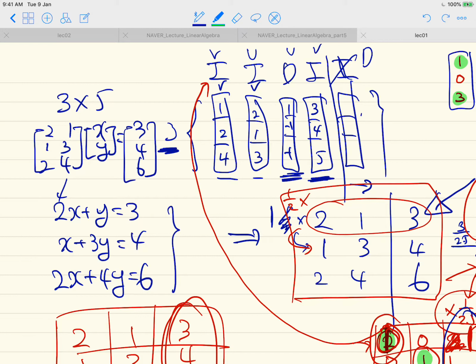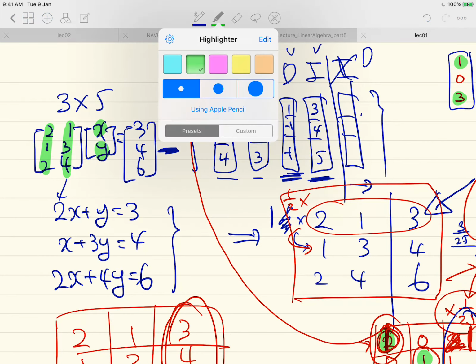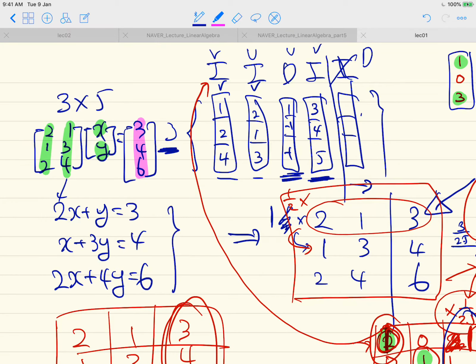Also, applying the column combination perspective, we can understand these two columns and their combinations by using the linear combination coefficients x and y. That should produce the resulting vector 3, 4, 6.